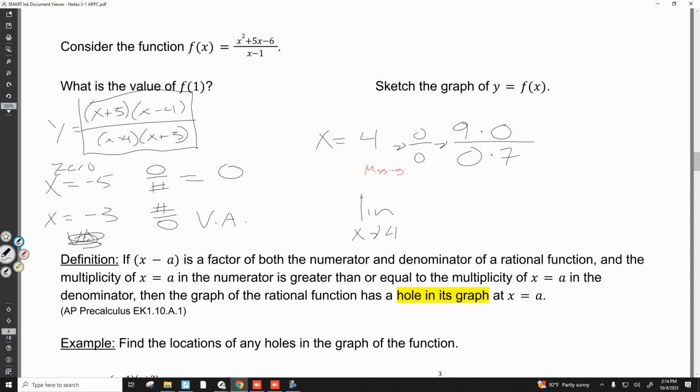Cool? If I plugged in 4.0000001, we are plugging in something close to 4. Add 5, something close to 9. Cool. That number minus 4. Do we get 0 exactly? No, we get a number very close to 0.